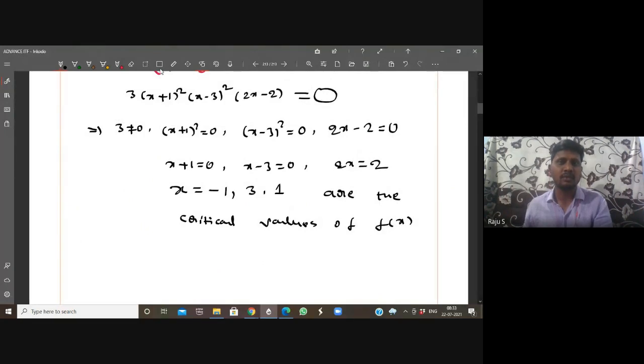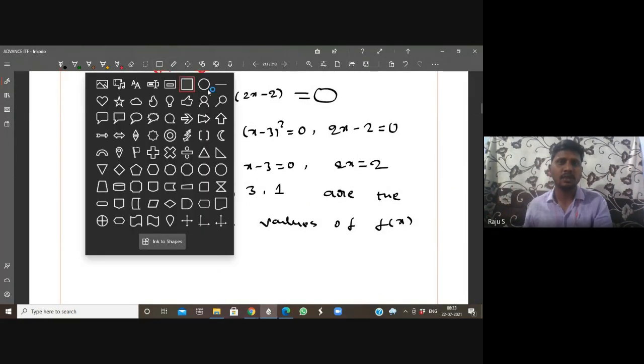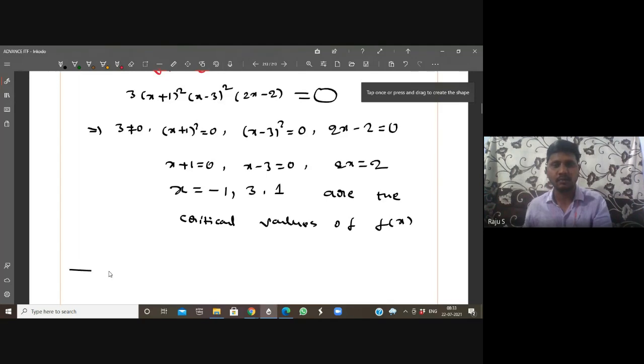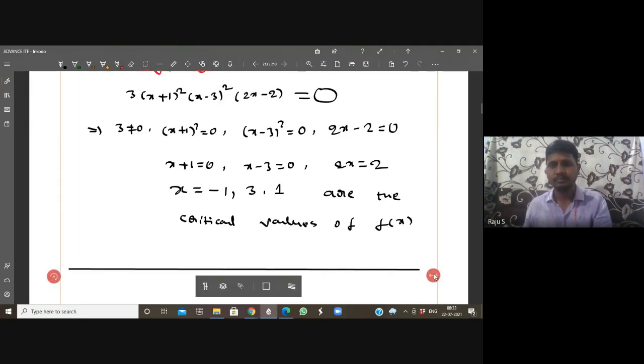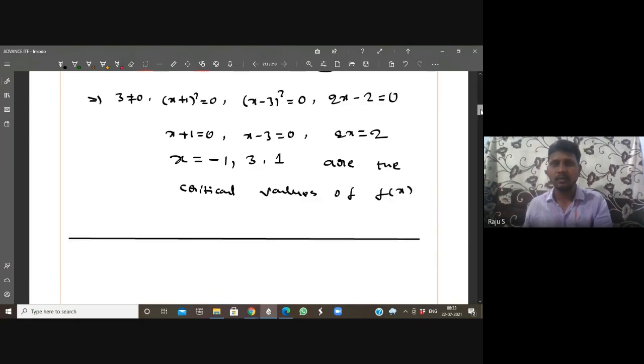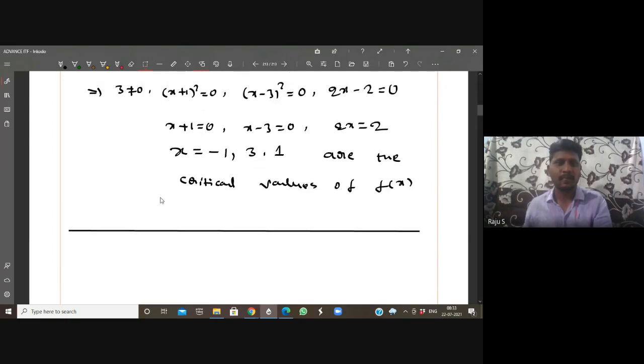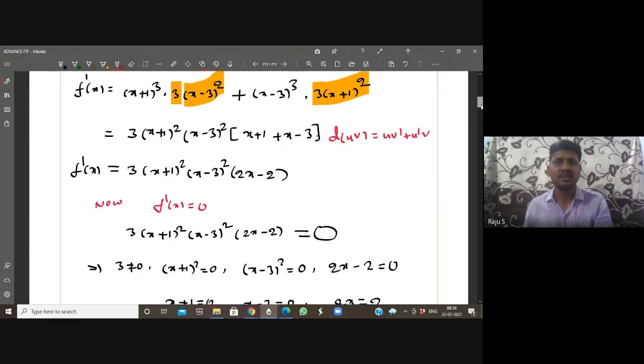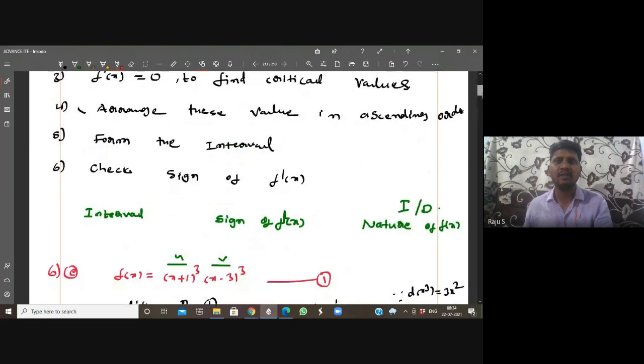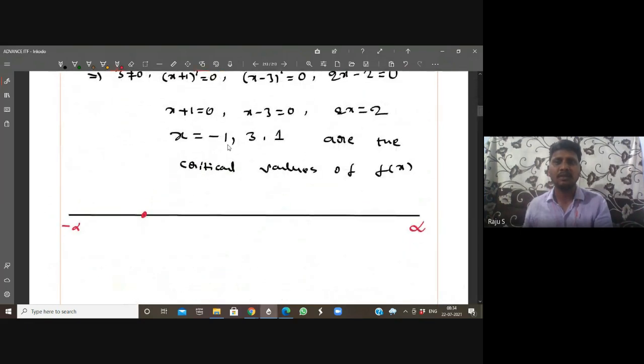So I'm going to take the real line here. The real line is minus infinity to plus infinity. Draw the real line. Look at here, students, minus infinity to plus infinity. This interval we can divide into subintervals. Before that, see what is the next step? We have to arrange the values in ascending order. So what are the values we got?